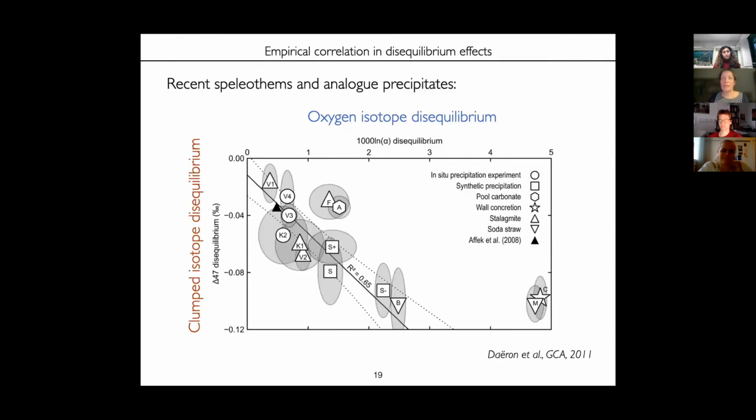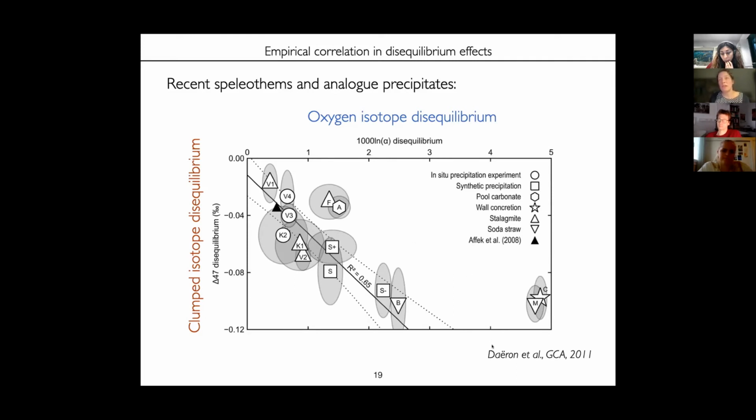Also, quite early studies have found that the amount of disequilibrium scales between the effect you see in the clumped isotopes and the effect you see in oxygen isotopes. And this has given some hope again that we will be able to correct for these disequilibrium effects.